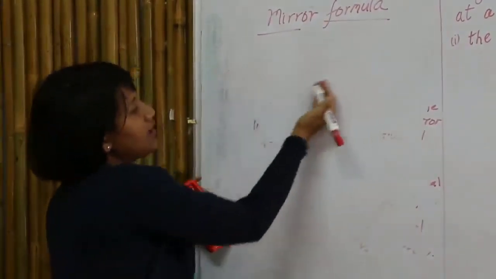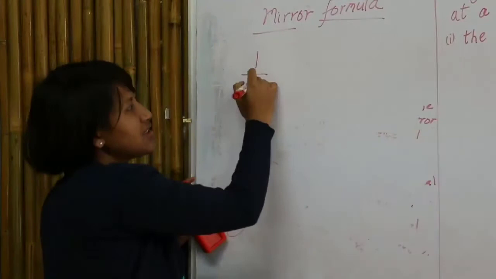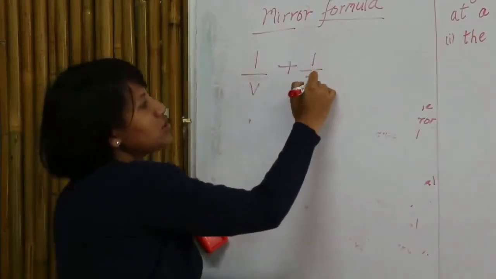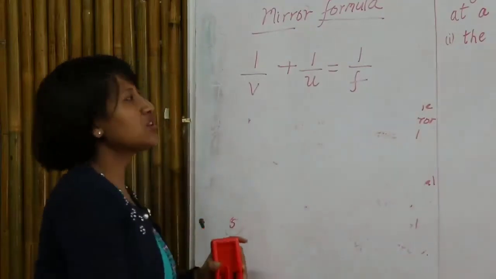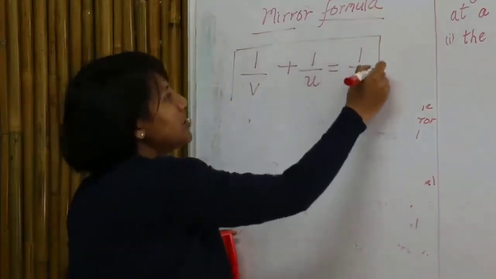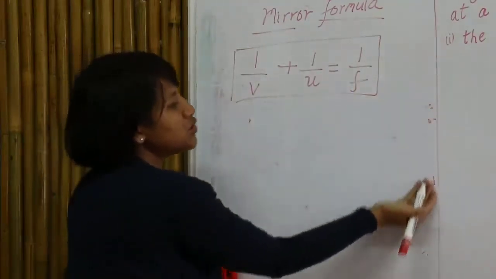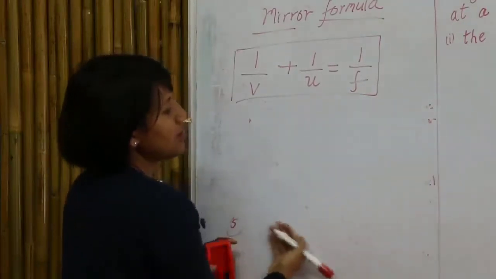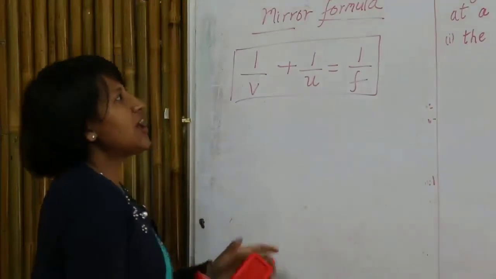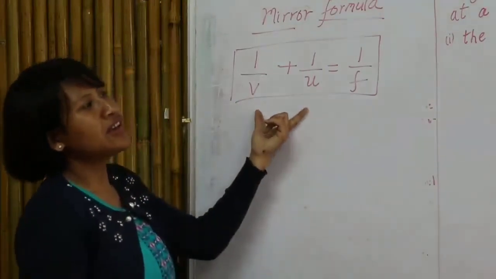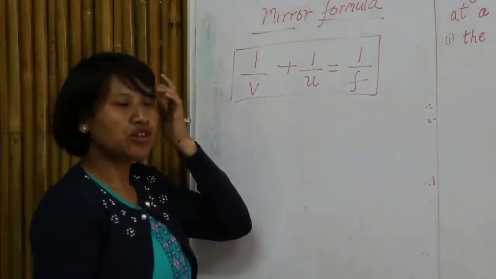And the relation is this: 1 by v plus 1 by u is equal to 1 by f. So this is the relation. Now just remember the sign convention and this formula, and then you can proceed with the numerical problems.